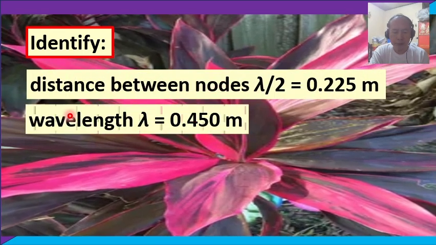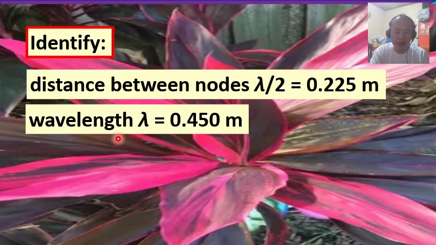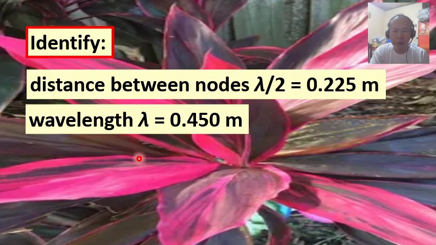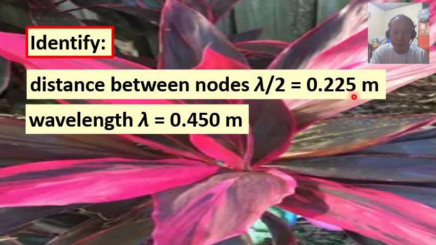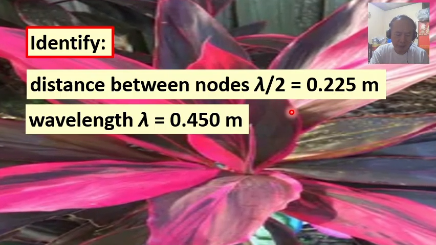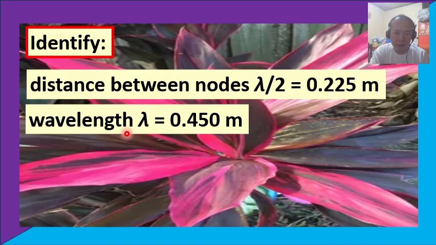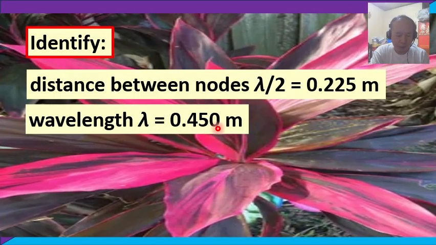In this problem, we are given the distance between the two adjacent nodes, lambda over 2, equal to 0.225 meter. So that means that the wavelength lambda is equal to 0.450 meter.